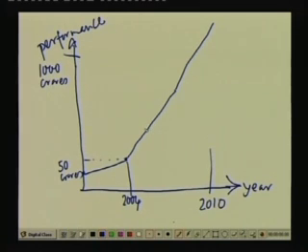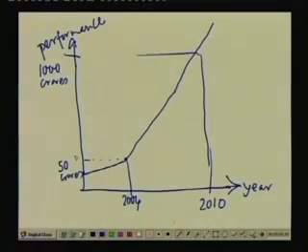They are what they want to achieve. So, the company wants to become a 1000 crore company maybe by 2010, but as far as today is concerned, the company is a 50 crore company.